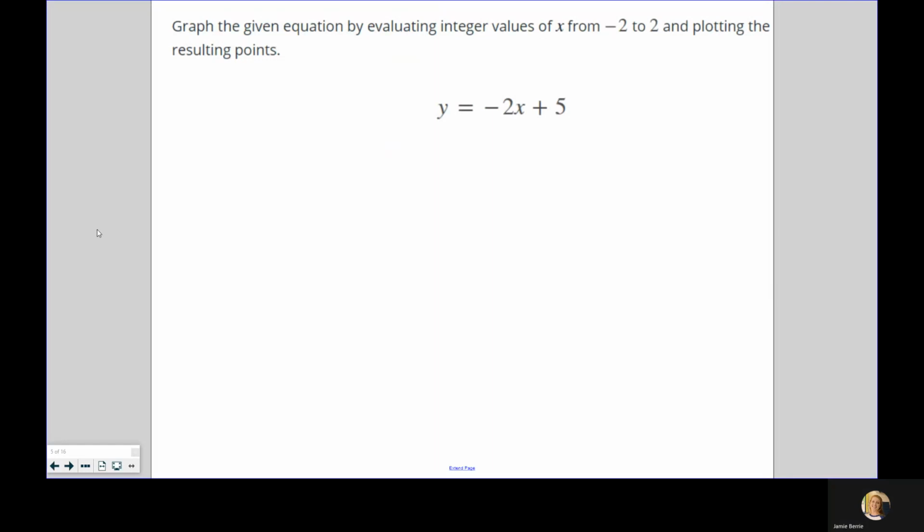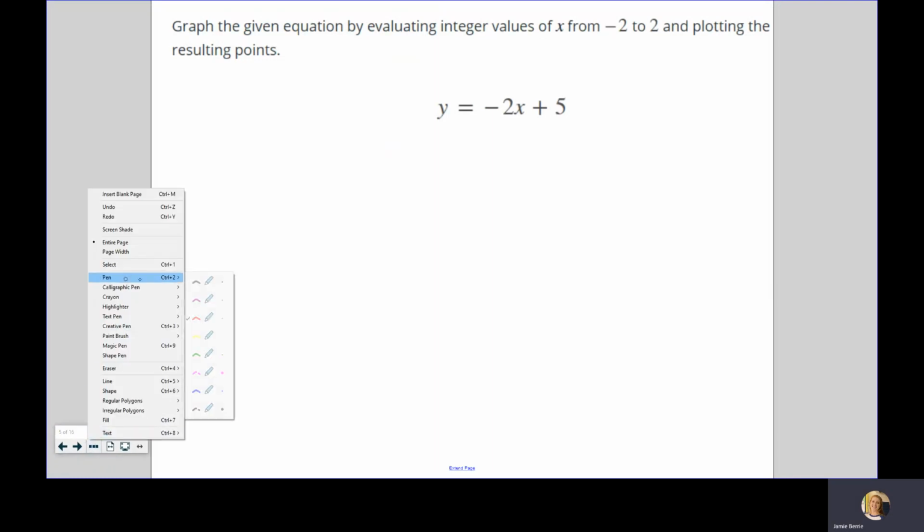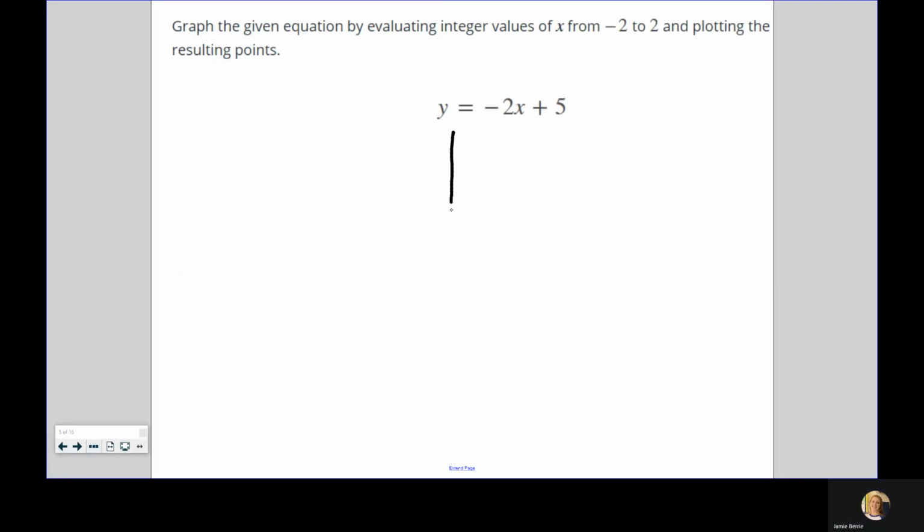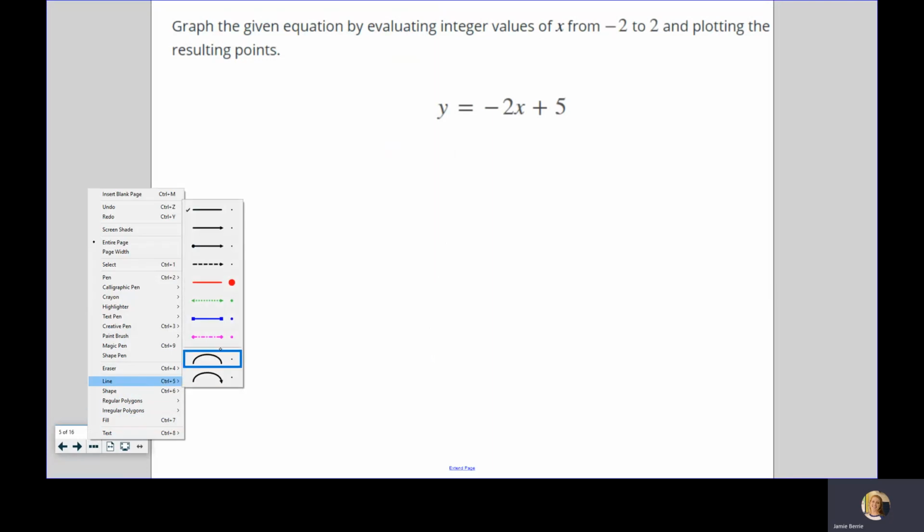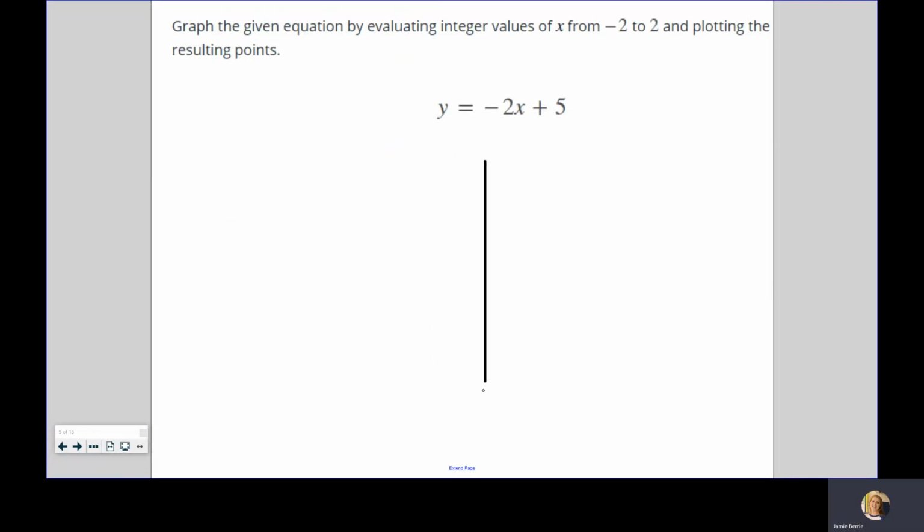Okay. Graph the given equation by evaluating integer values of x from -2 to 2 and then plotting the points. All right, so here we have y equals -2x plus 5. I'm going to make a little table. Let me use this little line button on here. I can never draw a straight line on this writing tablet.